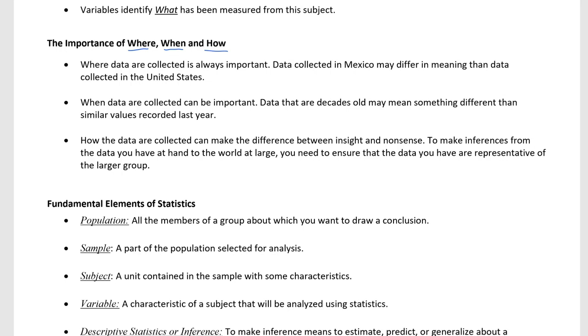All right, so when you collect the data, why do you need to give me the information about where you collected this data?